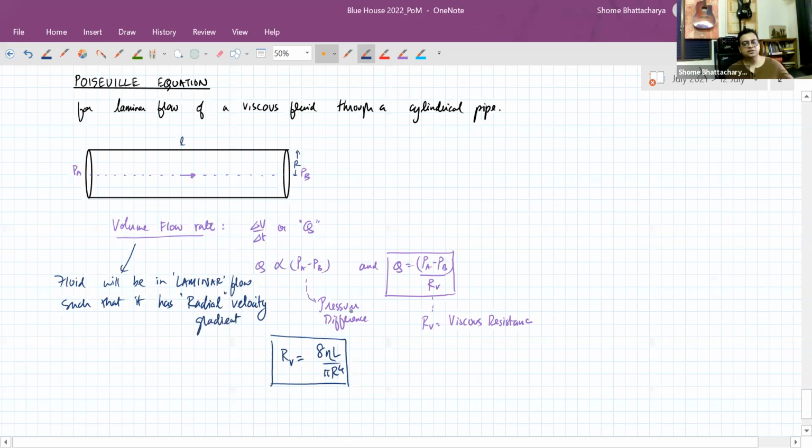Radial gradient means rate of change with respect to radial distance from the axis. Let me explain in this diagram what it means.